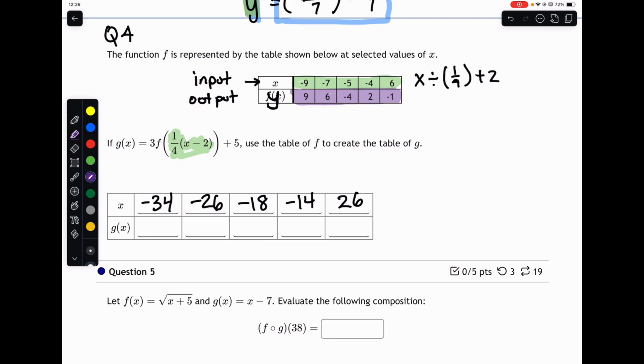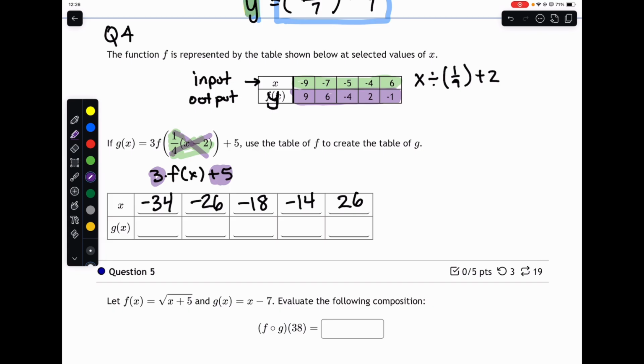So if I ignore this, and I think about this notation as 3 times f of x plus 5, ignoring what's inside there and just assuming that's only x, our output values are going to be affected by these two output operations, by these outside operations.